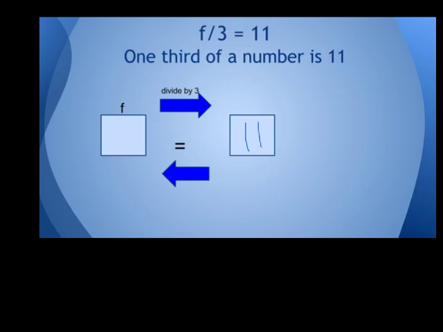If we undo divide by 3, the inverse of division is multiplication. So the inverse of divide by 3 is going to be times 3. 11 times 3 is 33. We go back and check. 33 divided by 3 is indeed 11.